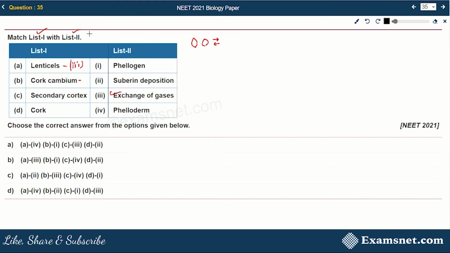Now what is cork cambium? In order to understand this, we should know that growth in plants is of two types, primary growth and secondary growth. What is primary growth? It involves the increase in length of roots and stems with the help of apical meristem.